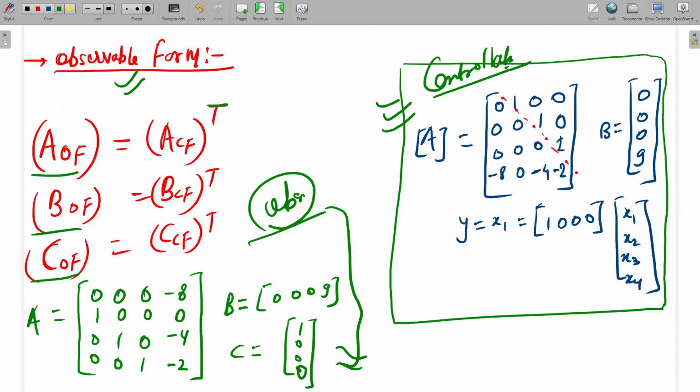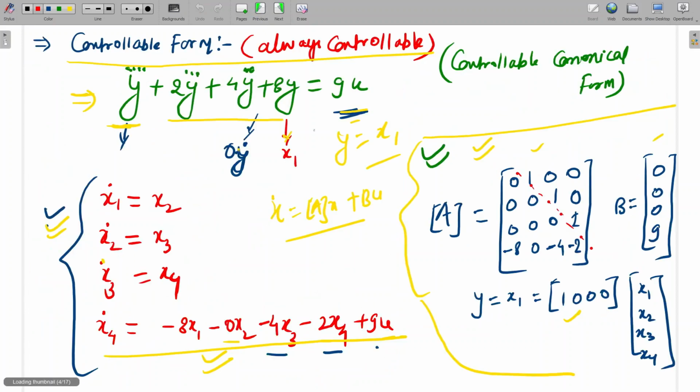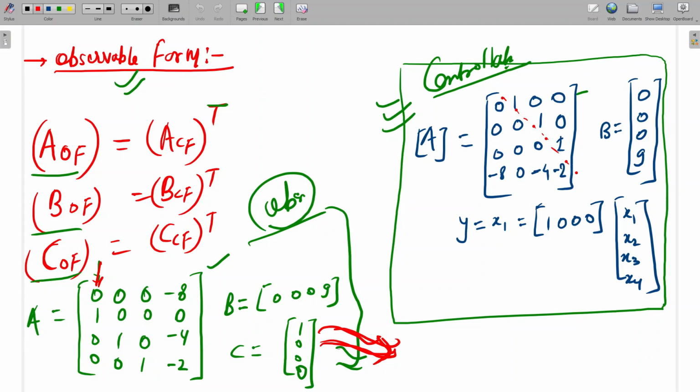Here for the A matrix I have taken the transpose, so that rows and columns are exchanged. 0 1 0 0 is the first row, and here 0 1 0 0 is the first column. So for the same question, this is also a valid state equation, and it will give the same transfer function. Whatever the transfer function is here, the same it will give. But this is the observable form, and this is the controllable form.